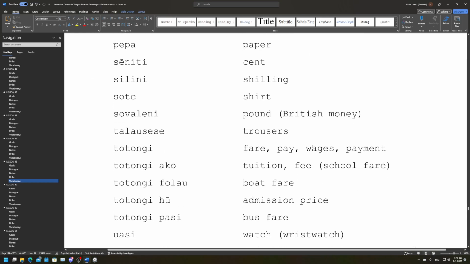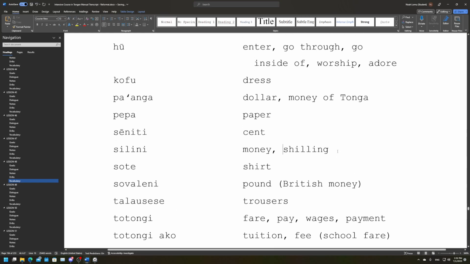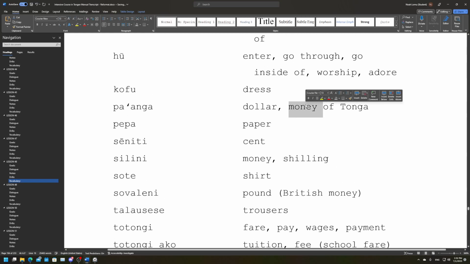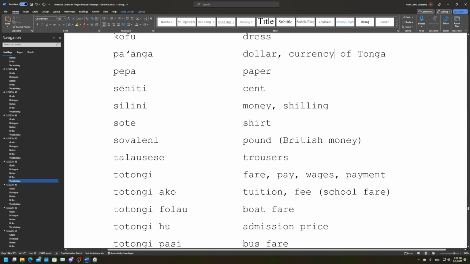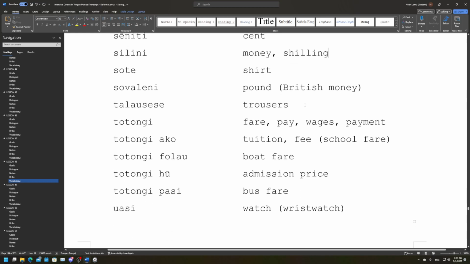I guess this is the main word, so I should put that in: currency of Tonga. If you want to talk about money in general, silini is the word you use, rather than 10 cents.